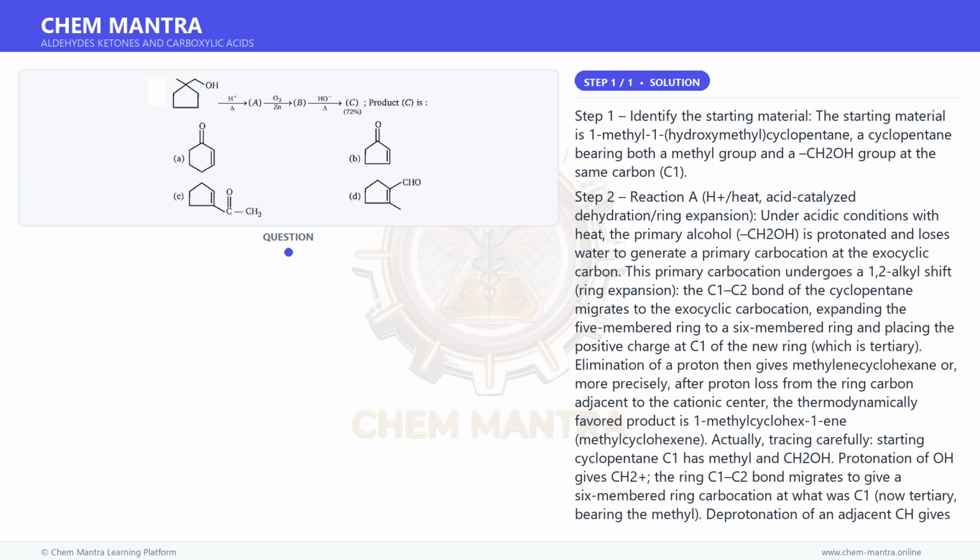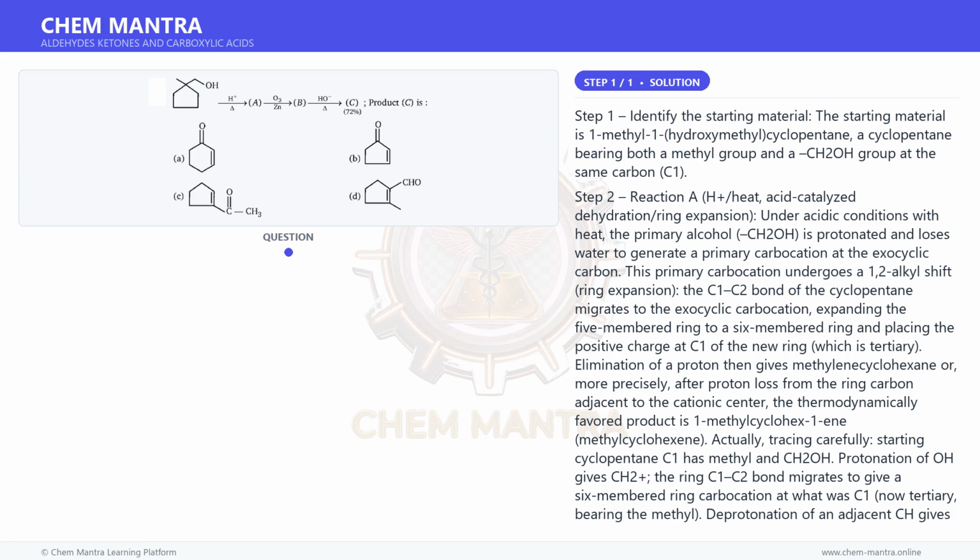Elimination of a proton then gives methylenecyclohexane, or, more precisely, after proton loss from the ring carbon adjacent to the cationic center, the thermodynamically favored product is 1-methylcyclohexene.